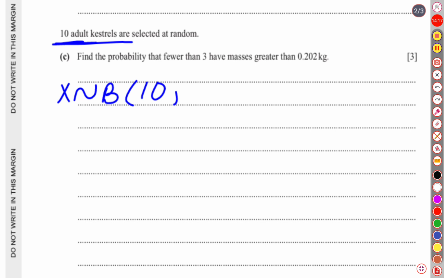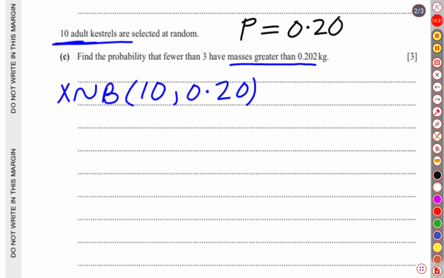We have just seen that the probability of masses greater than 0.202 kg is 20%, 0.20. So p is equal to 0.20, that means mass greater than 0.202 kg has probability 0.20.